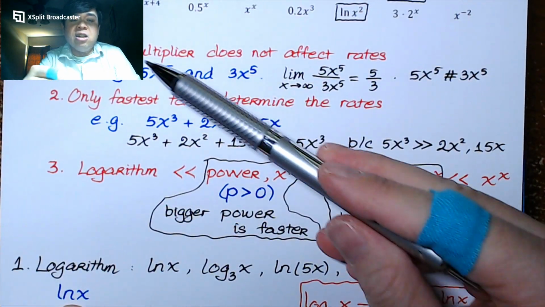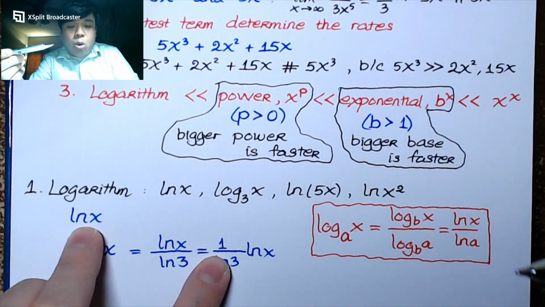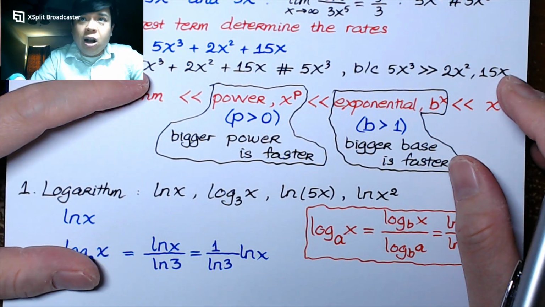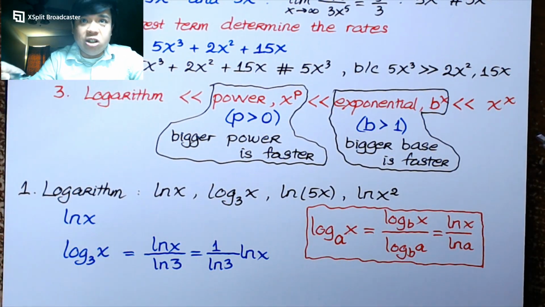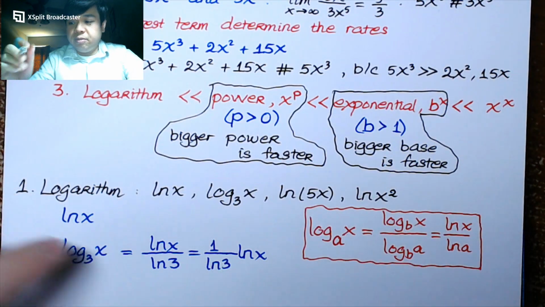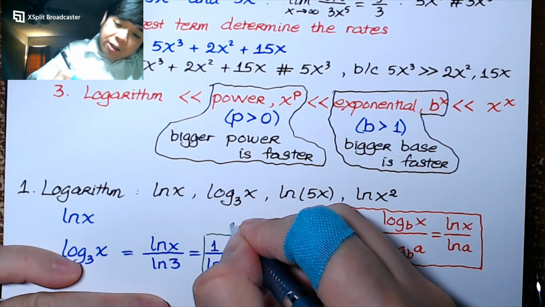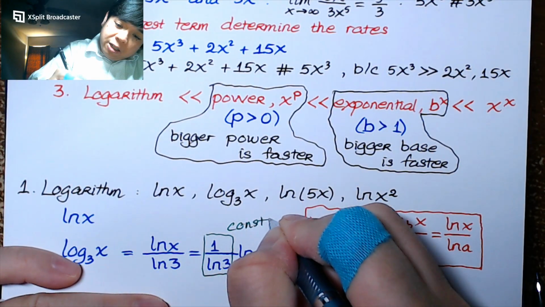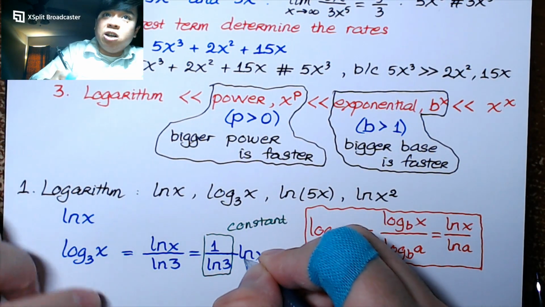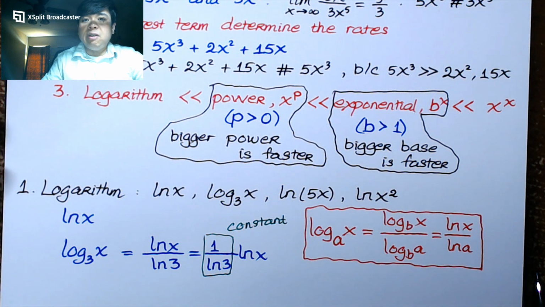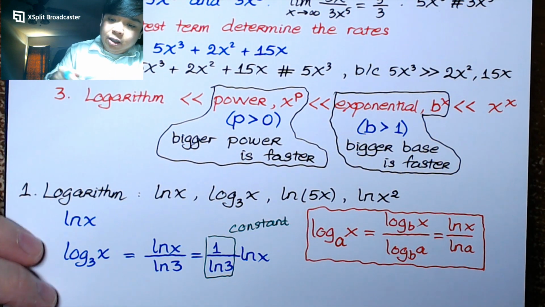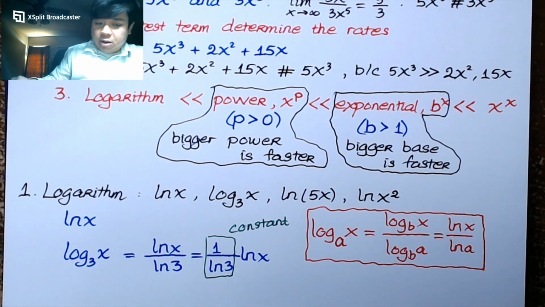It's just like scalar multiplication: a constant coefficient multiplied to it does not affect the rate. So these two have comparable rate.